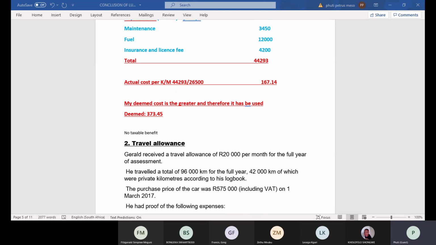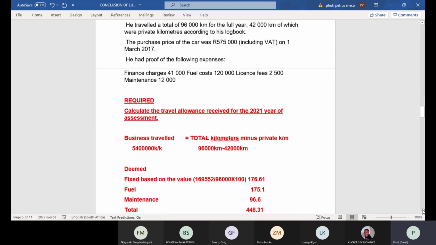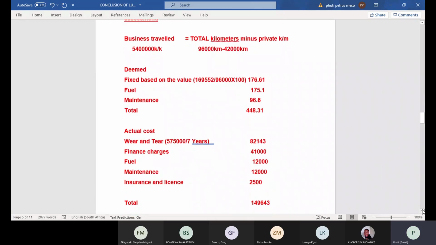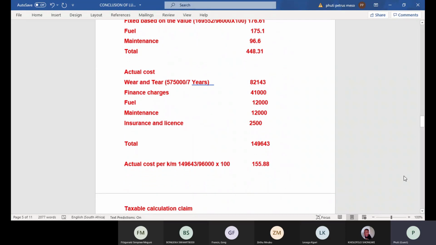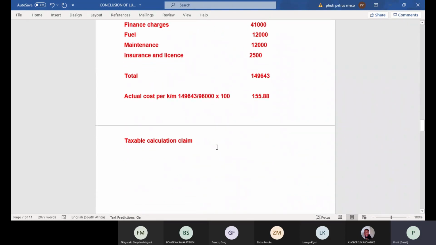You remember the travel allowance that was given? You multiply it by the months.